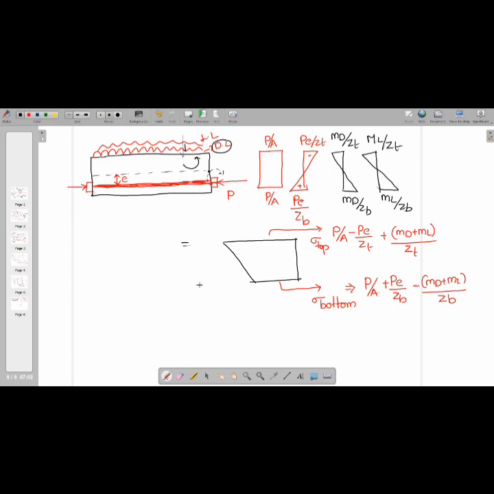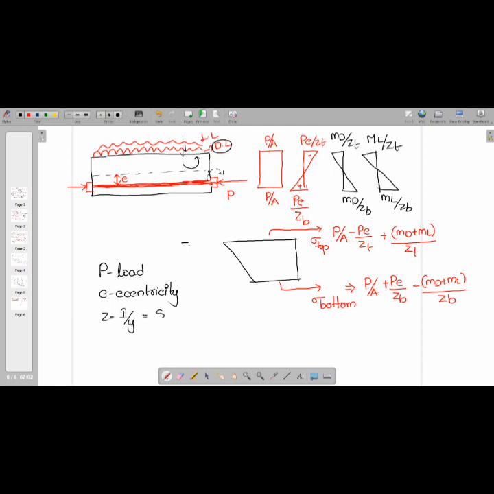Are you clear, students? What is P here? P is nothing but the load here, and E is the eccentricity, and Z is nothing but the section modulus, that is I by Y, moment of inertia upon distance from the neutral axis.